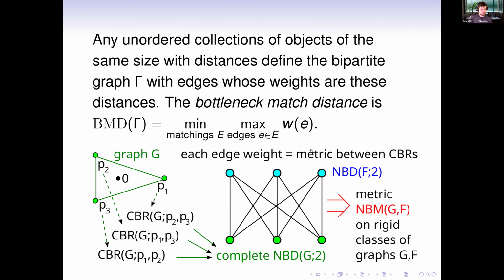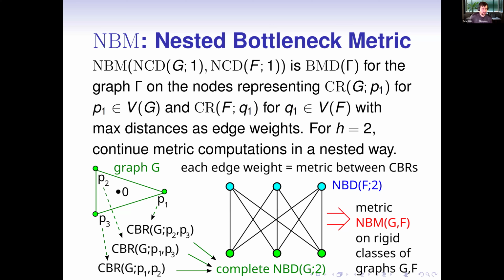And then, so we had defined previously the metric between those when we have the points fixed, but then obviously we also need to compute the distance between those components.